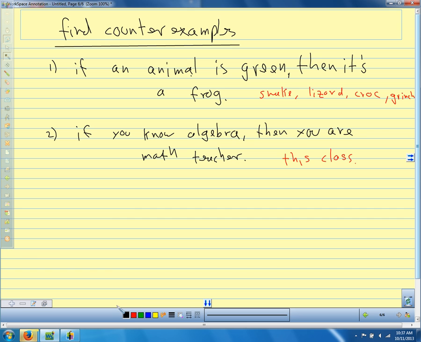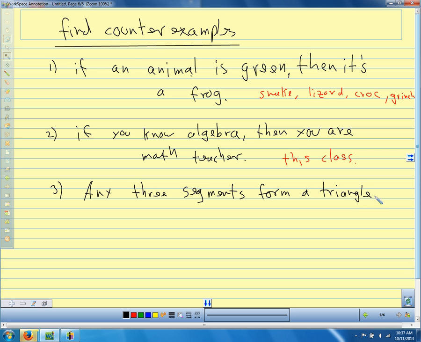Let's look at another one. A little more to do with geometry this time. Any three segments form a triangle. That's my conjecture.